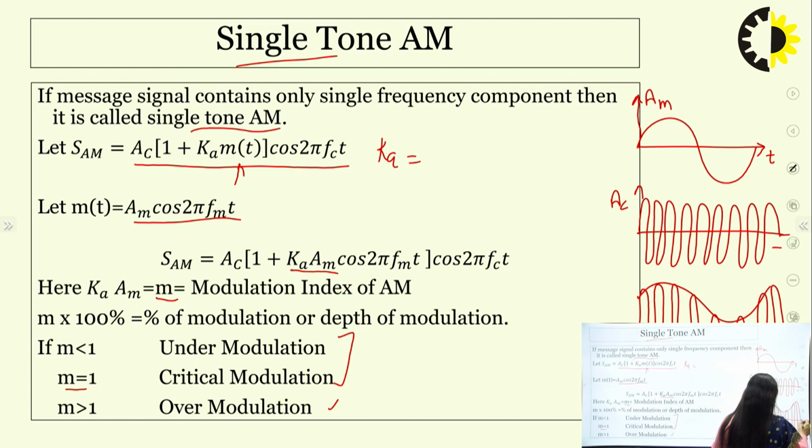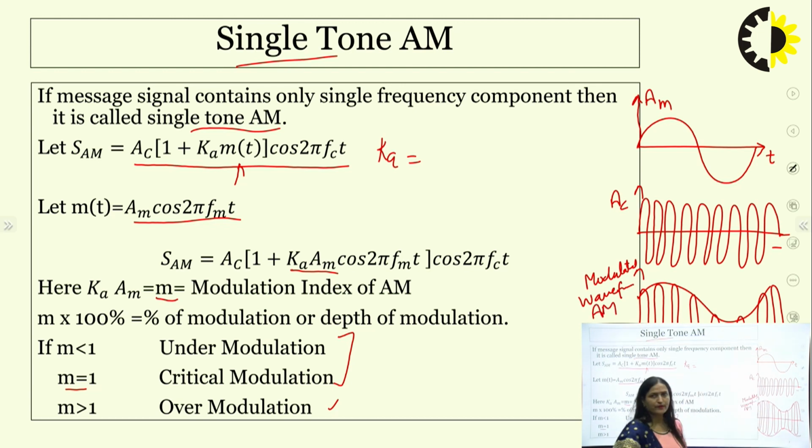Right? This is your modulated waveform, or I can write it is AM. So how can M be calculated and what is the value of M?